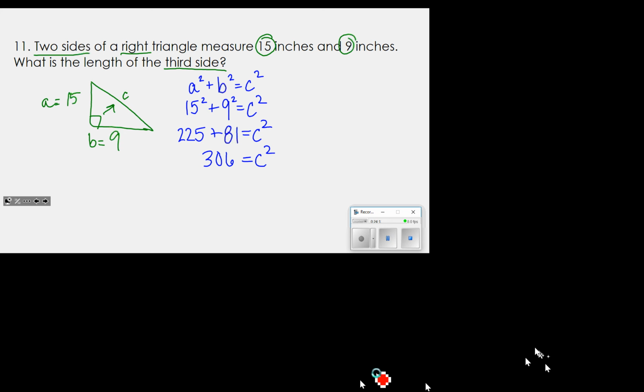C squared means that that's the area of the square off of side C. We don't want the area of the square. We want the length of the side, so we pick up our cancel pen and do square root, and cancel. And the square root of 306 is about 17.5 for C. So the final answer is 17.5 inches. That's the answer to number 11.